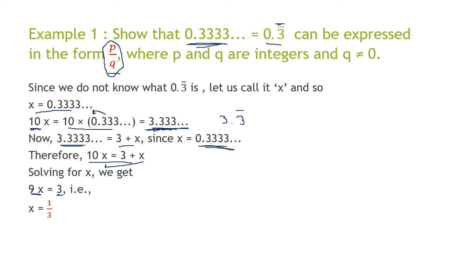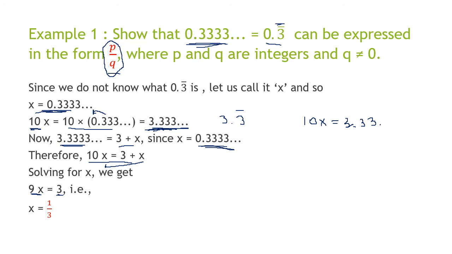We have got x equal to 0.333, right? And 10x equal to 3.333, and so on.